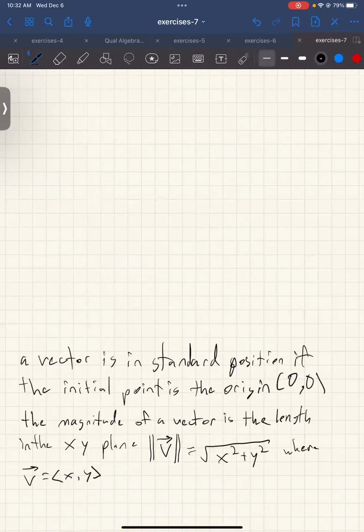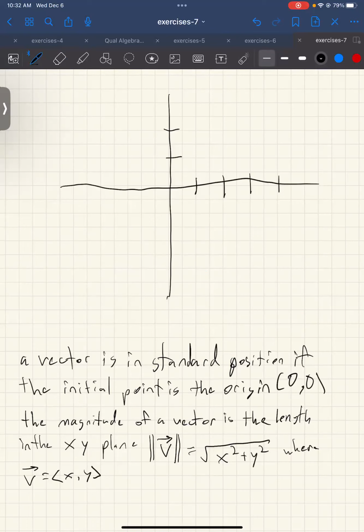So if we draw our XY plane, and I'll say this is 1, 2, 3, 4, 1, 2, 3, 1, 2, 3. Then let's talk about the vector (3, -2).